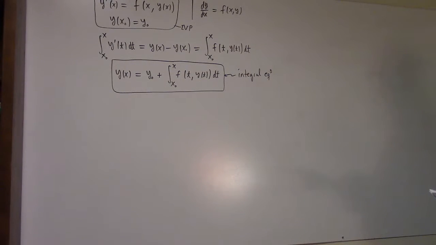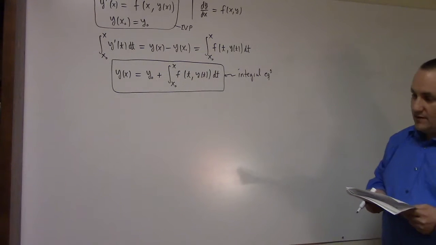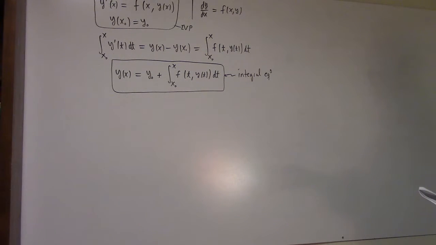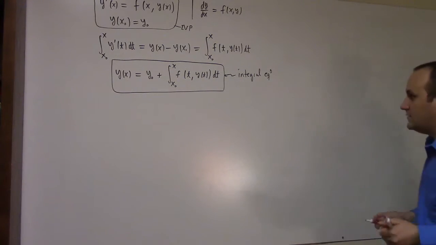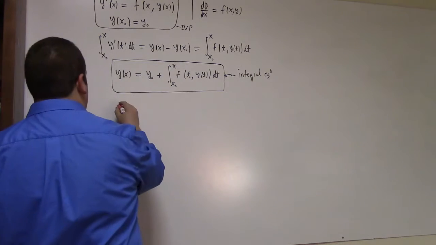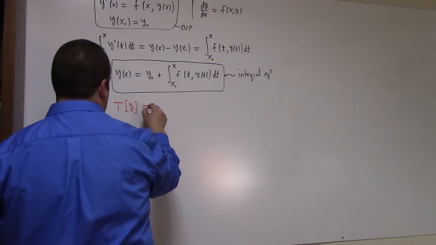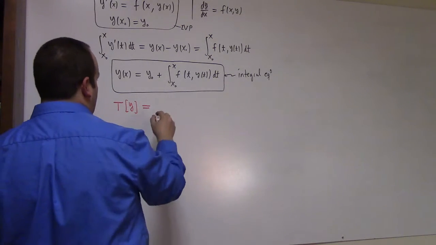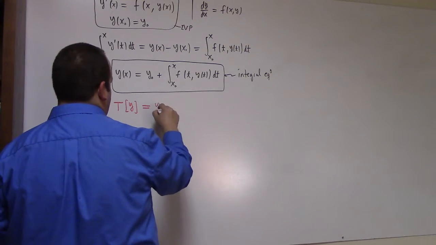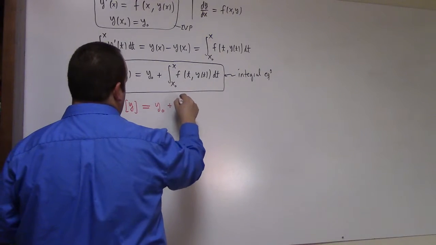And then here is where it starts to get interesting. He says equation 4, the integral equation, naturally yields itself to an operator interpretation. So in particular, you could think of this as the operator T of y equals y naught plus the integral.